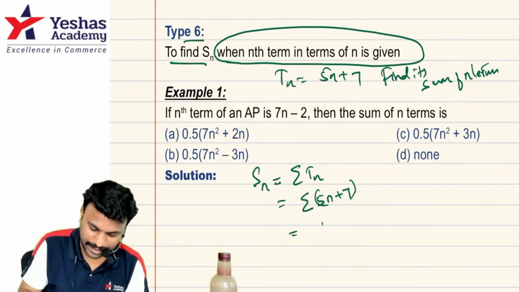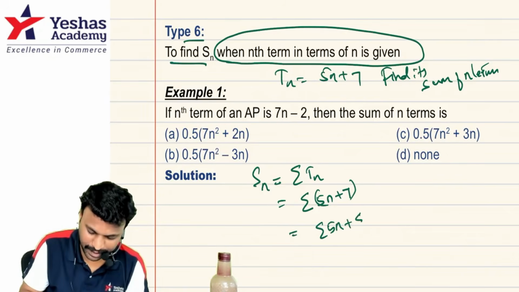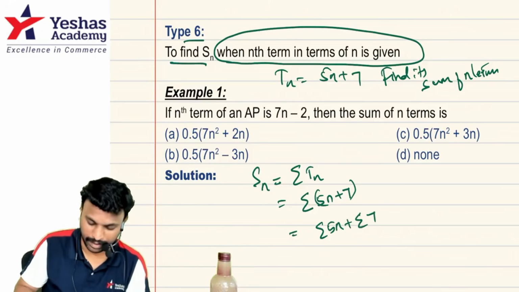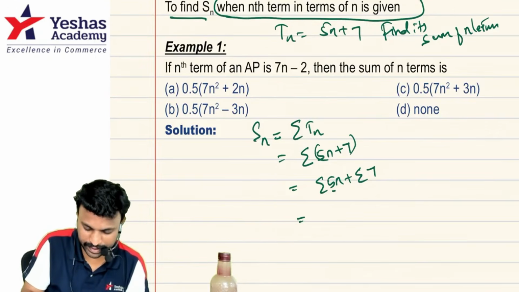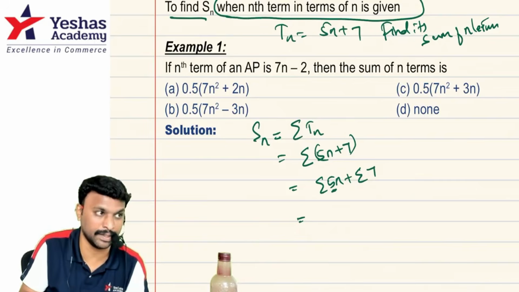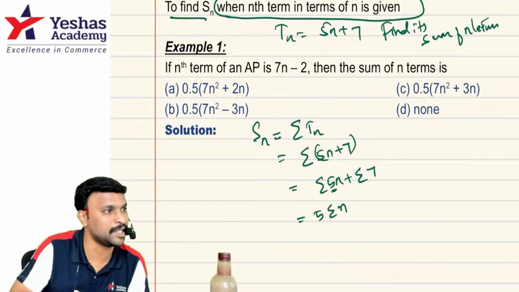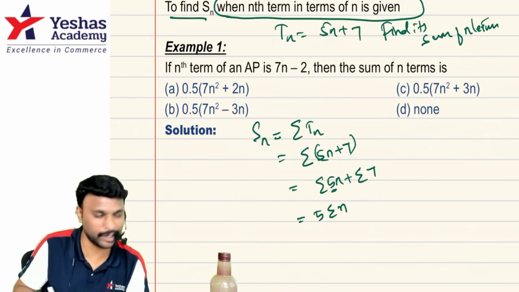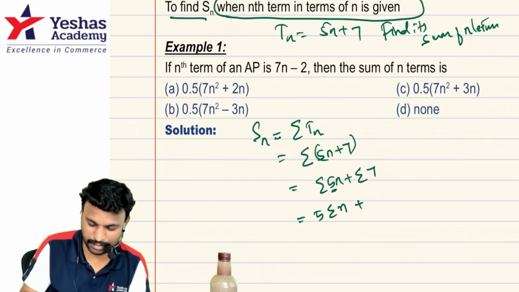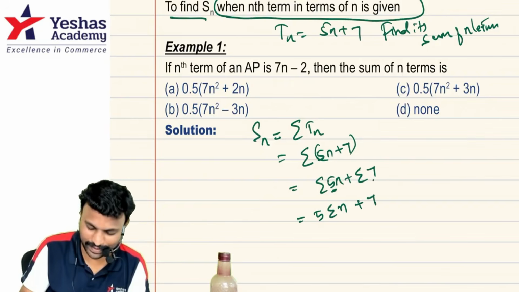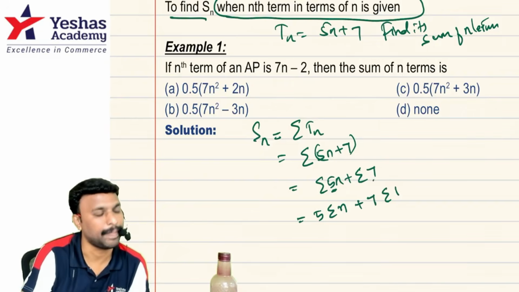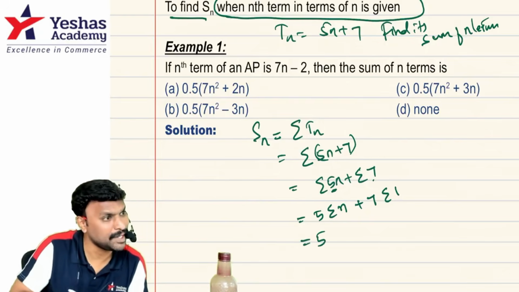Summation 5n plus summation 7. You all know that whenever there's a constant associated with a variable, we take the constant outside, and n stays within the summation. So 7 is the constant: 7 into summation 1. Now, what is summation n?